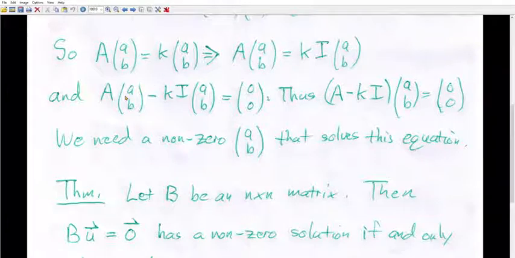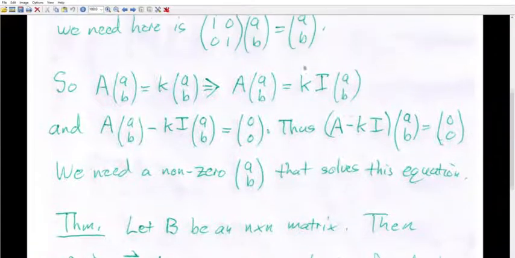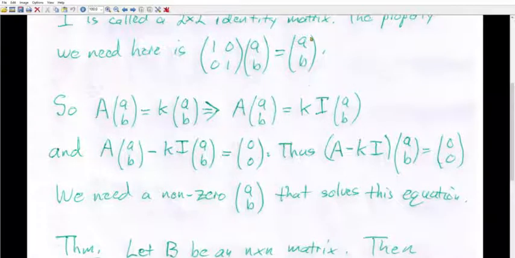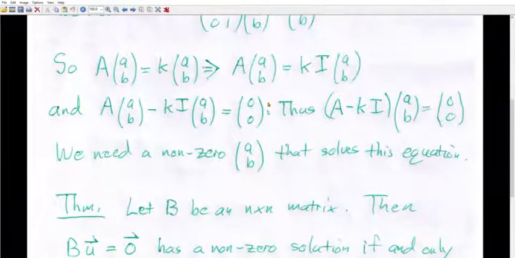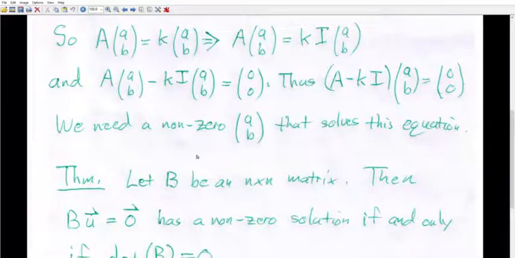So we get A (a, b) minus kI (a, b), and we've subtracted that from the right-hand side, which you'll notice was a column vector of size 2. You get 0, the zero column. And what we've then got is this equation: A minus kI times this column vector (a, b) is (0, 0). And we want a non-zero solution to this.